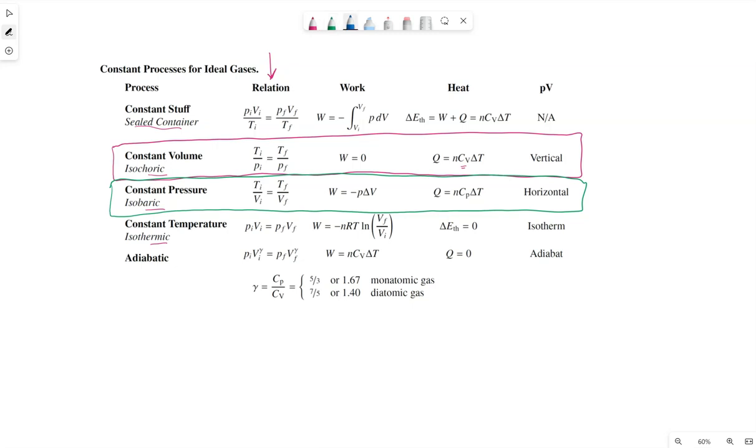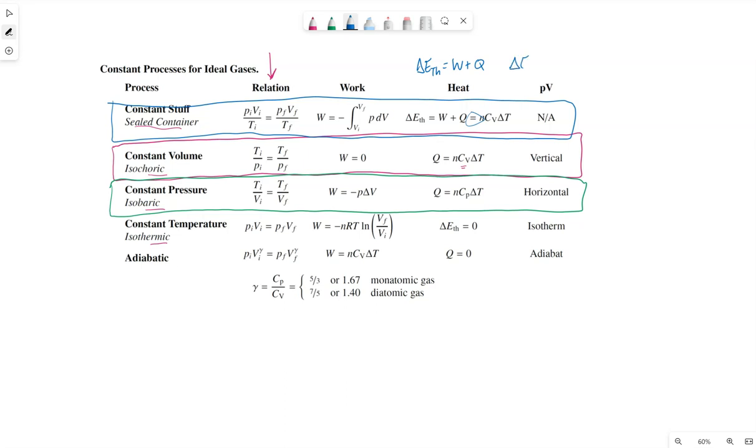This top row has the generic equations that always work, meaning the first law of thermodynamics. When they show that this also equals nCV delta T, that's what we said when we said the change in thermal energy is nCV delta T. These equations are always true. They just modify based on what we know specific to the process we're talking about.